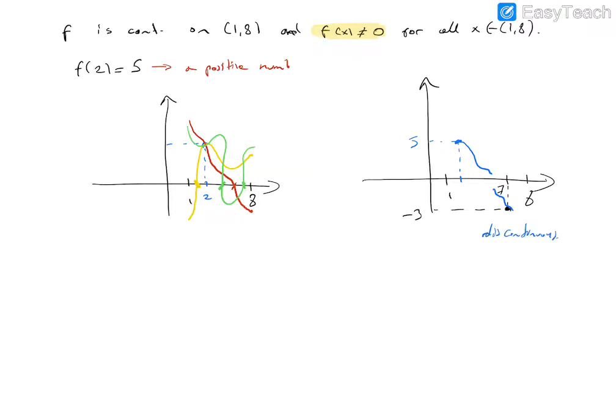In the continuous case, it is not possible. So as a result, we conclude that f of x must be positive for all x in the interval 1, 8. Okay, let's write: f of x must be positive for all x in the interval 1, 8, which belongs to 1 to 8.